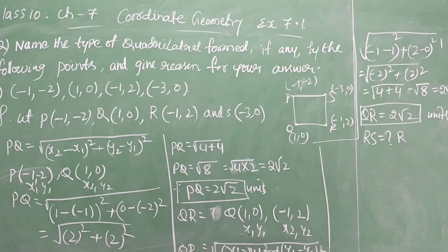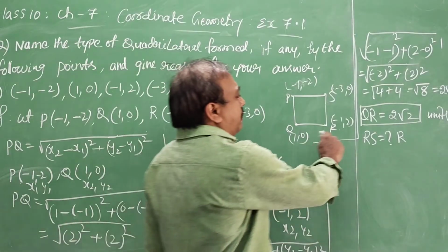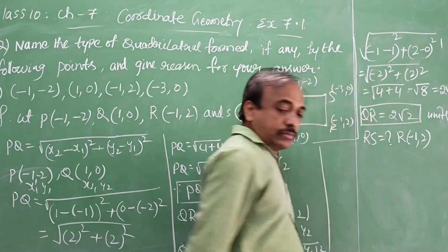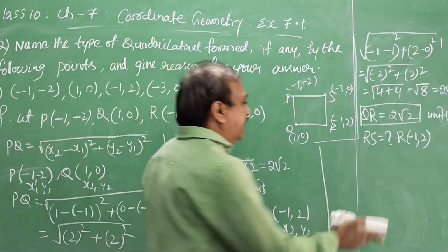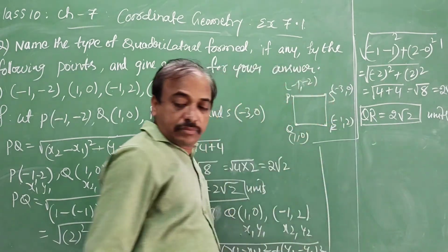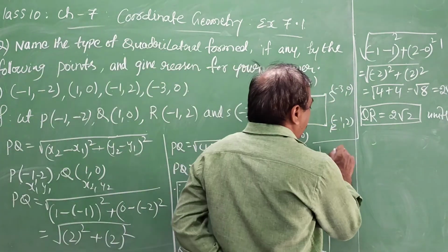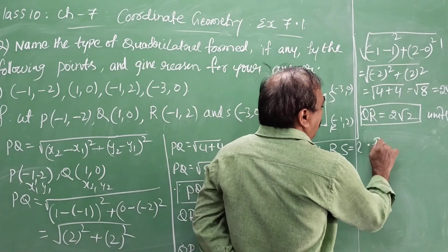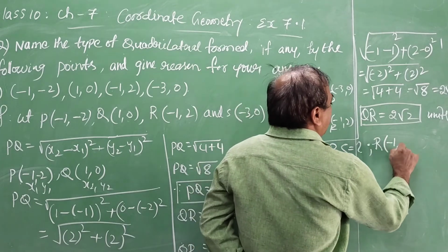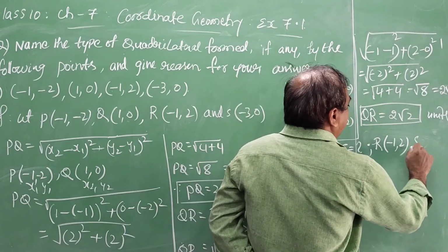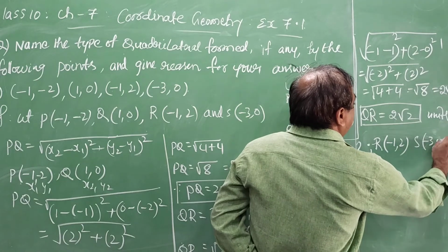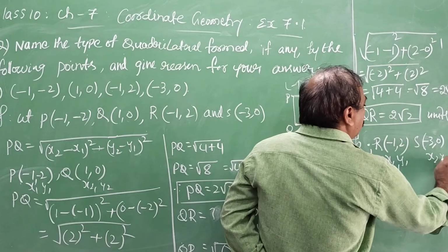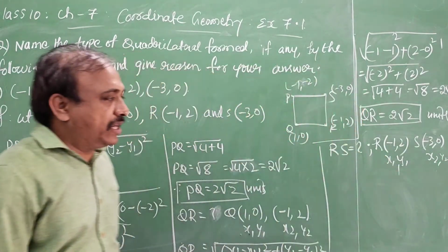Point R is given as -1, 2 and S coordinates are -3, 0. RS distance we are going to find. So R coordinates are -1, 2 and S coordinates -3, 0. One is x1, y1, x2, y2.